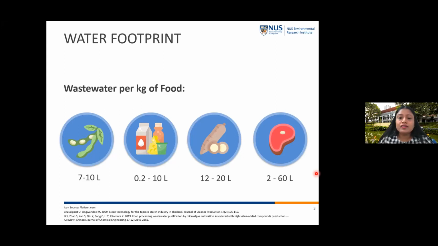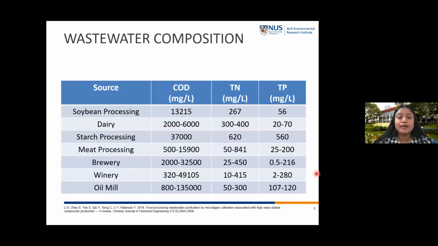So what does this wastewater constitute? The wastewater from food processing industries is quite unique. It contains a lot of organic components, which is represented here in the form of chemical oxygen demand, COD. You can look at the numbers. They are all in the few thousands.